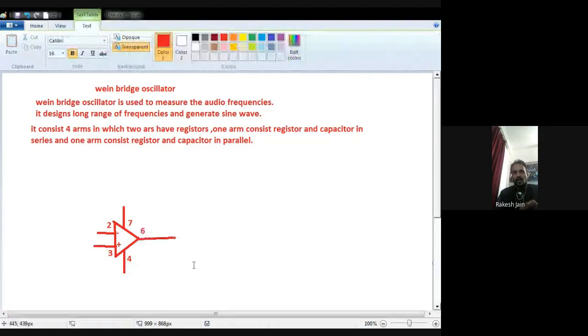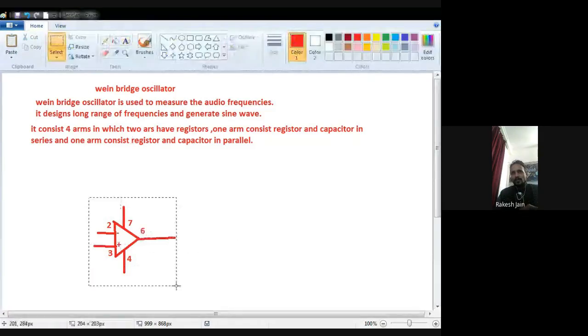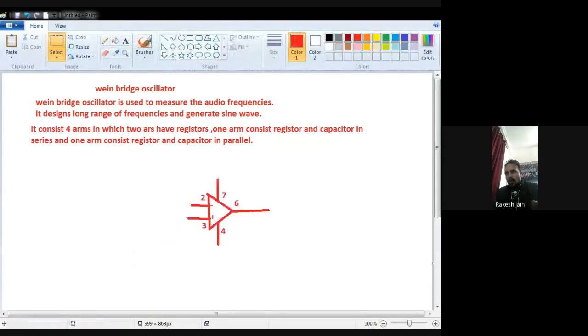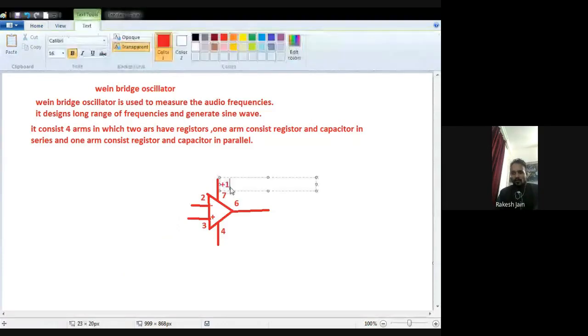For plus V we use plus 12 volts, and for pin 4, minus VEE, the minus terminal of the supply is minus 12 volts.